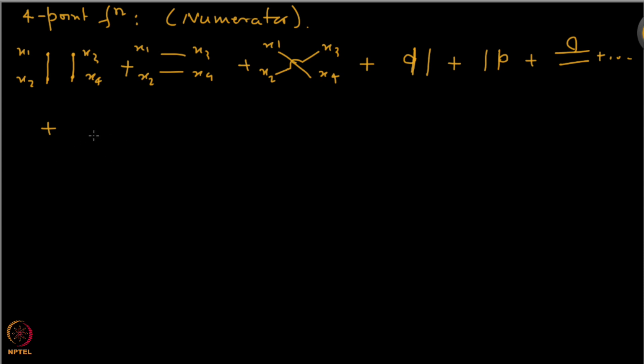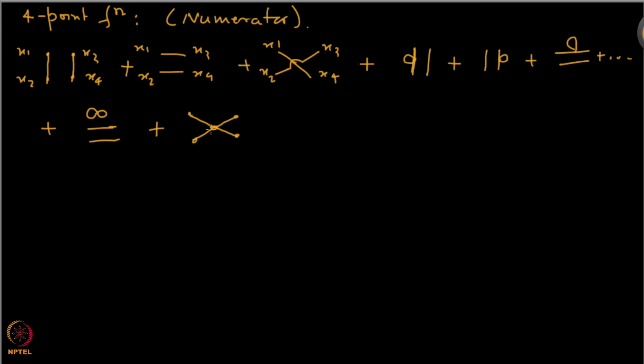Then there are other kinds. So you can have this. Let us say you have taken this one, and the vertex you do not connect to any of these ones, but there are lines coming out of the vertex that you connect among themselves. So you get one possibility like this. And then there is of course this possibility which you have seen, that you connect like this.